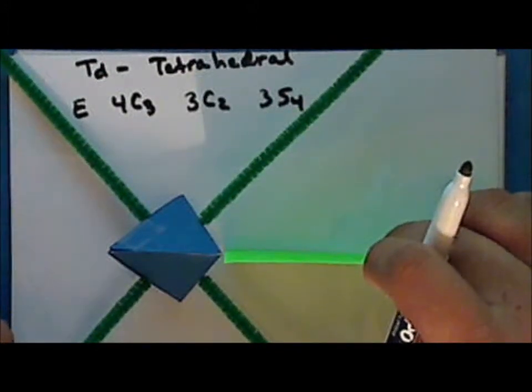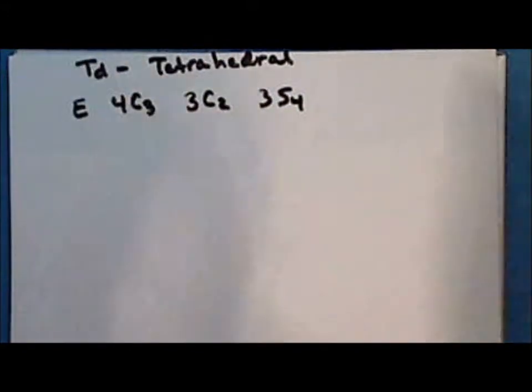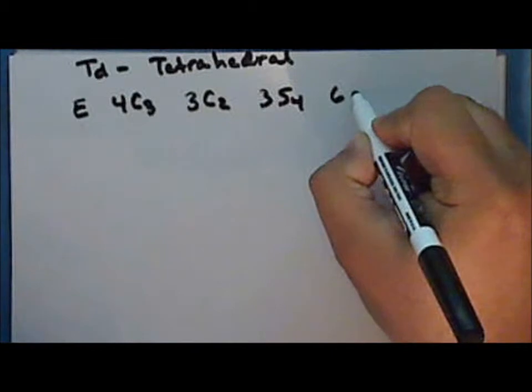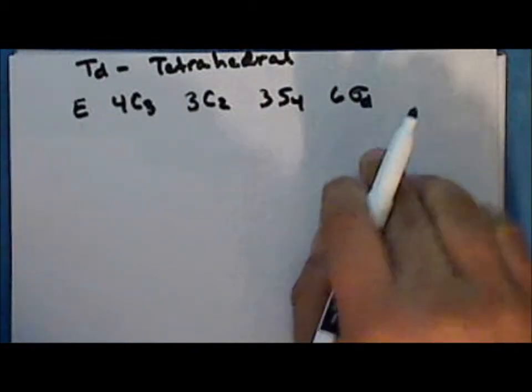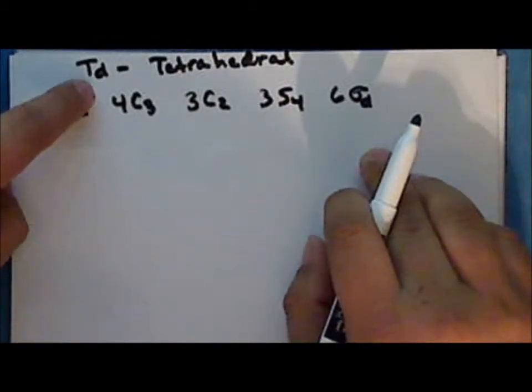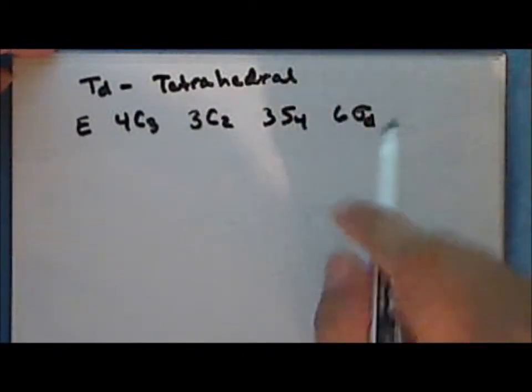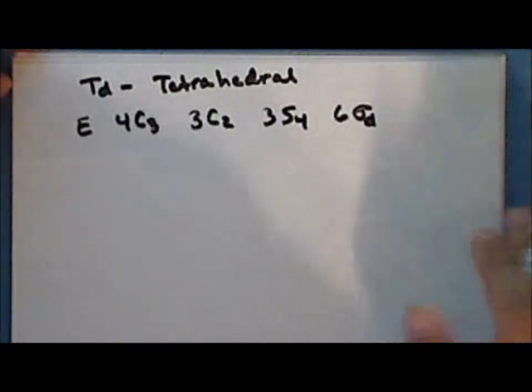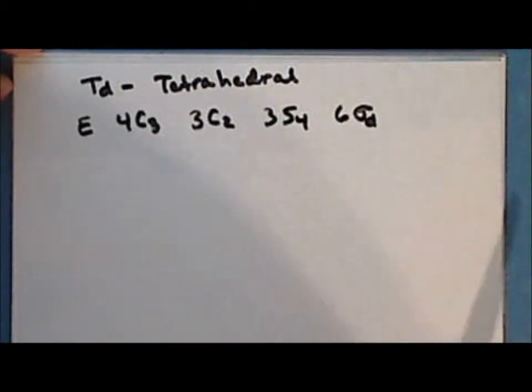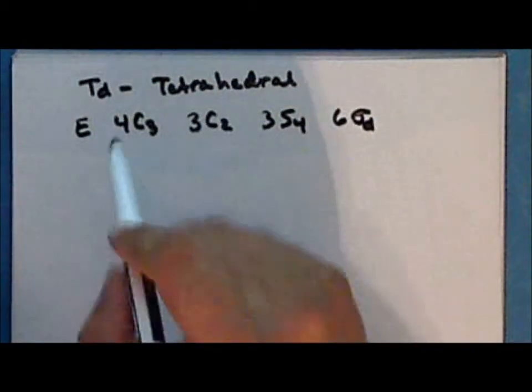So there are a total of 6 dihedral planes. And that is the reason for the subscript D in the notation for the tetrahedral group: it indicates the presence of a dihedral plane. In this case, there are 6.